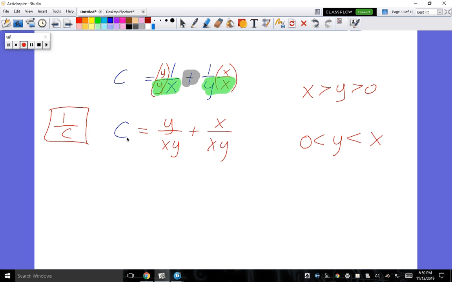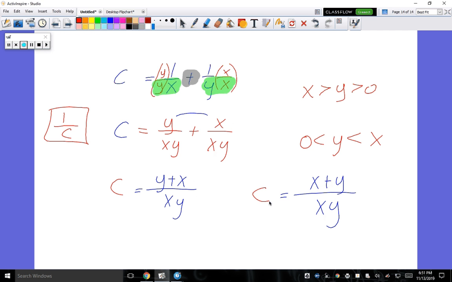You with me? In 5th grade you learned I can bring these two together and write them as 1 fraction with the same common denominator. Or you could have written it as x plus y over that same common denominator. You all see what I did?